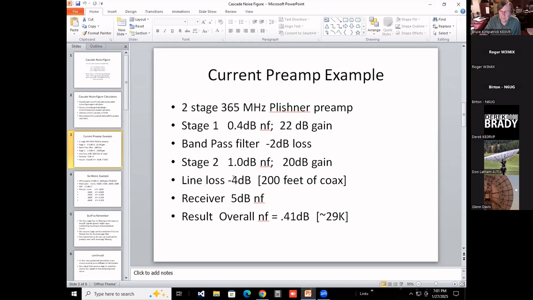Now, when we're up at 1420, we have about 10 dB worth of loss. So, for instance, this last noise figure contribution would be only about 10 dB gain, and we'd actually lose 10 of that coming down the coax. On this particular frequency, I'm estimating we have about 4 dB loss total.